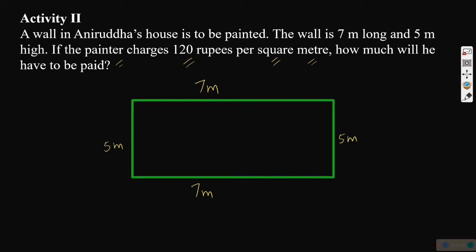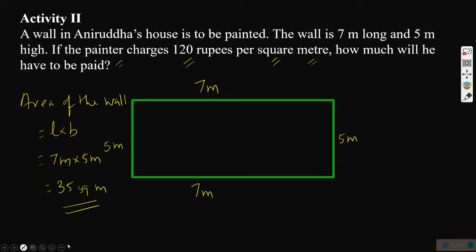So what we will do, we will simply find out the area of the wall. As it is a rectangle, we will say length into breadth of it. Length is 7 meter, breadth is 5 meter, 35 square meter. This is the area of the wall.